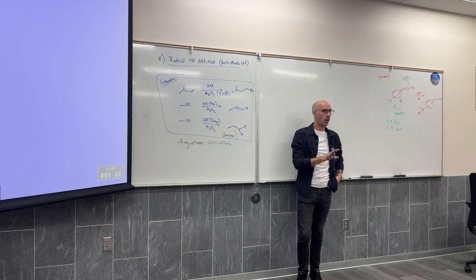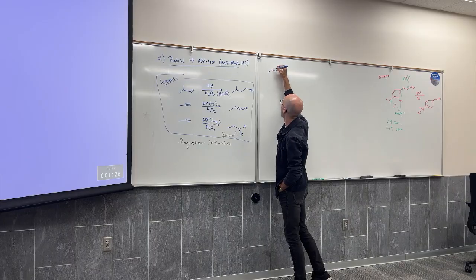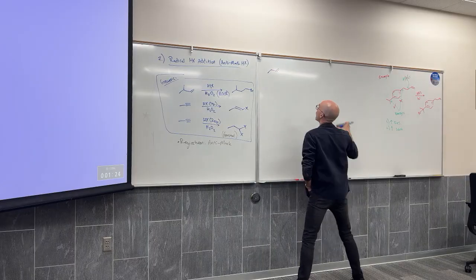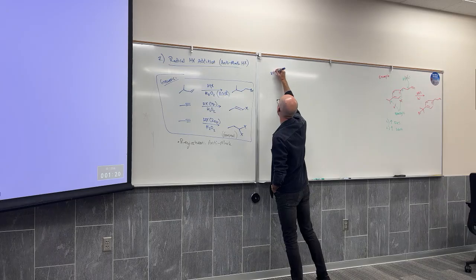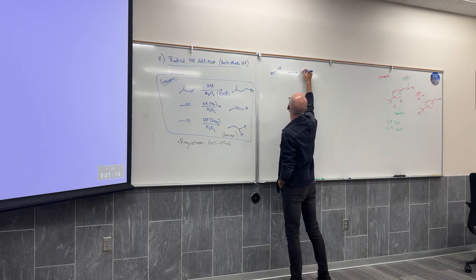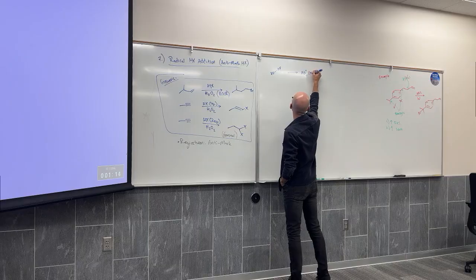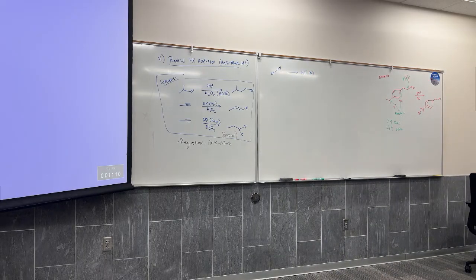So we're not going to look at the whole mechanism, but I do want to walk you through what happens. First, I'm going to look at just the hydrogen peroxide. Hydrogen peroxide readily splits open into two hydroxide radicals.